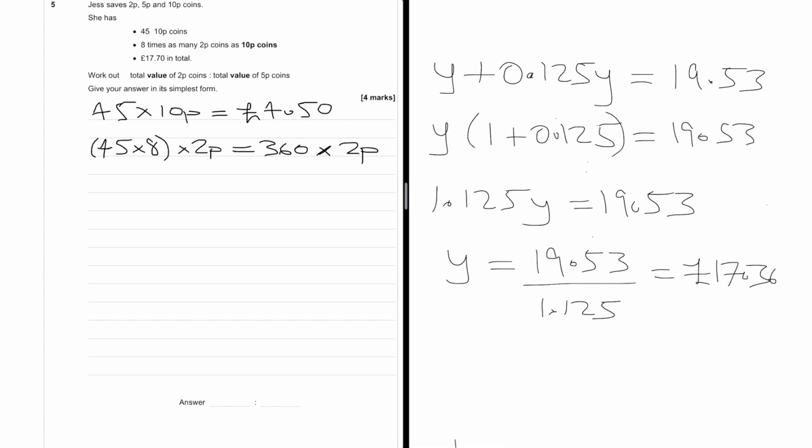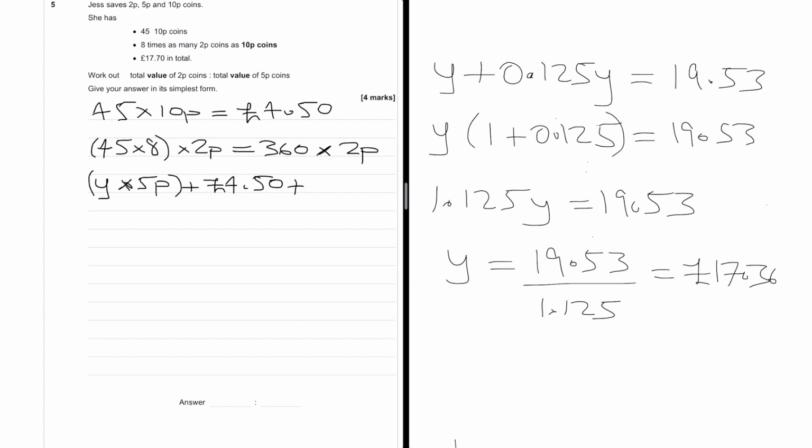So then what we need to work out is the total value of 5p coins. Let's say the number of 5p coins is y, so this becomes y times 5p plus 45 times 10p, which we already know is £4.50, plus 360 times 2p.